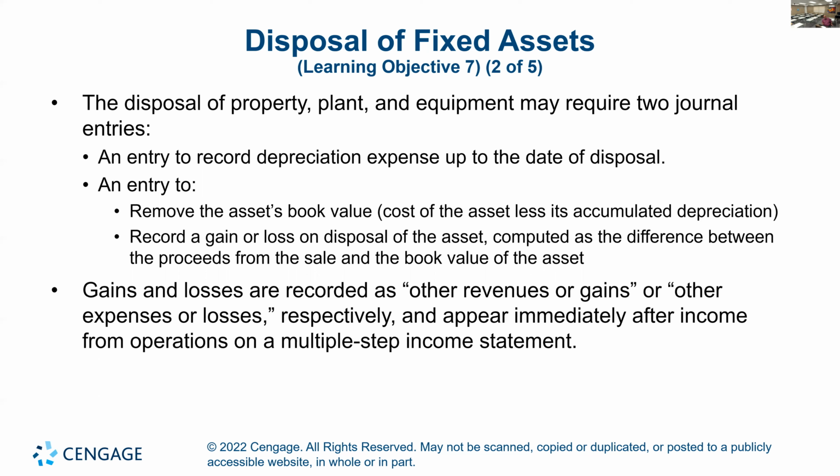Once we have done that, then we will make a journal entry that takes the asset off the books. It's on there as a debit at its historical cost, so we will credit the asset at its historical cost. We will remove the accumulated depreciation, which is a normal credit balance, so we will make it a debit.